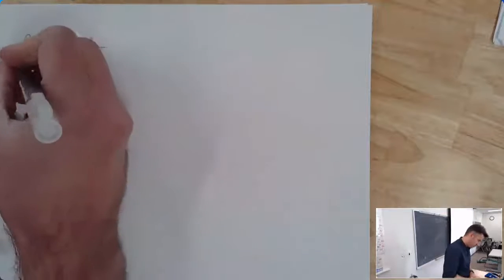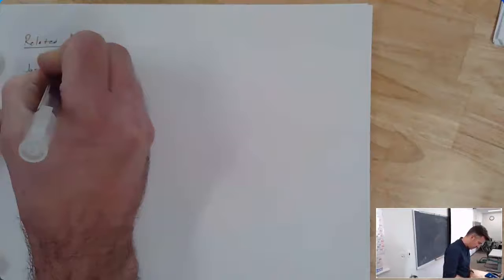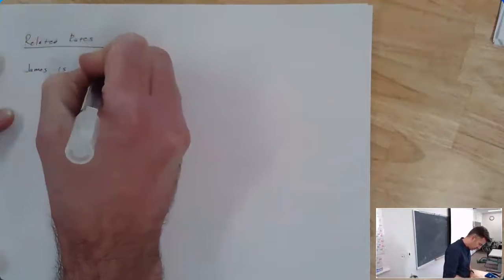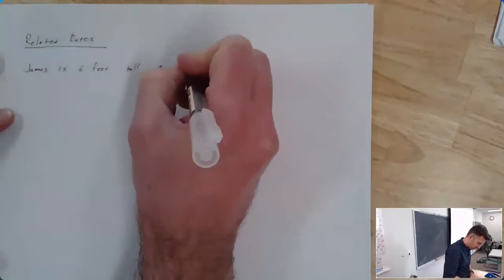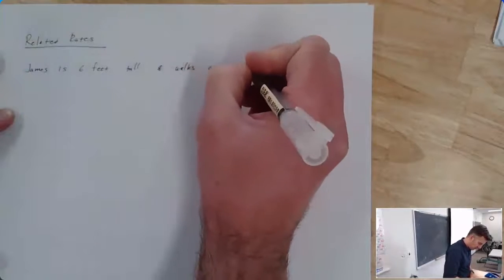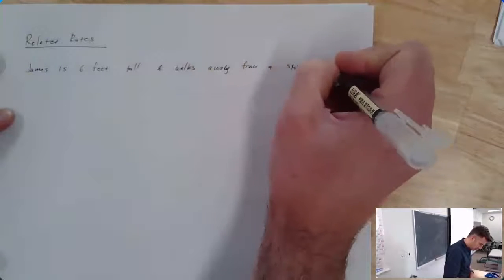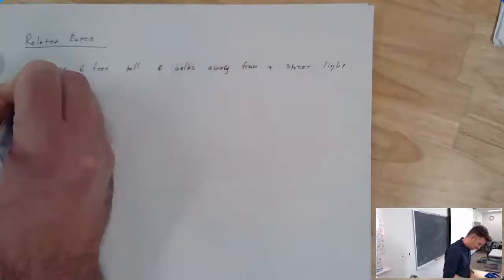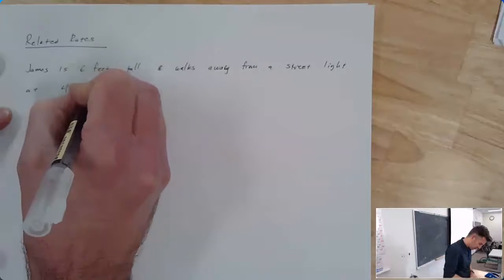Okay, so we have the following situation. Let's pretend James is 6 feet tall, although he's not quite 6 feet tall, but that's fine. He's 6 feet tall and walks away from a street light at 4 feet per second.